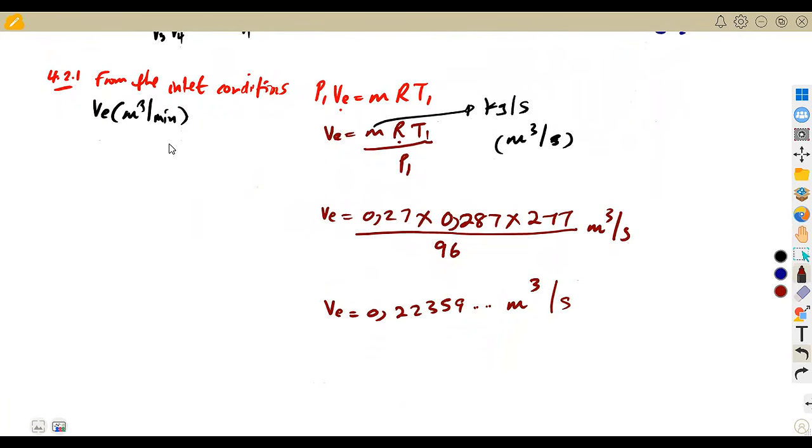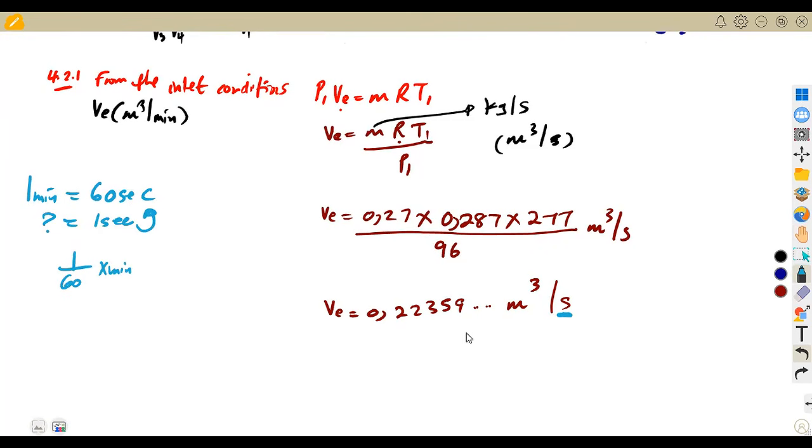In order to convert to cubic meters per minute, we ask ourselves the same thing as in the previous part. In a minute, we've got 60 seconds. So 1 second, if we write it in minutes, is going to be 1/60 of a minute. So our answer is now in minutes.